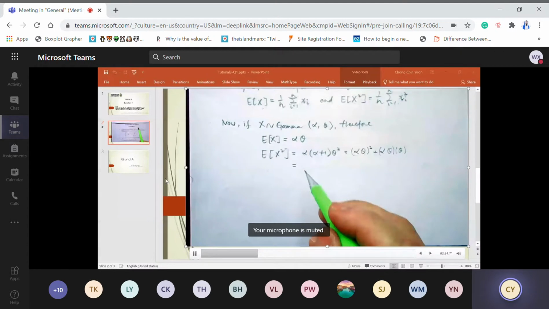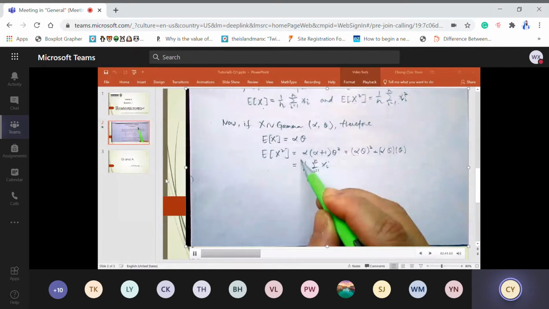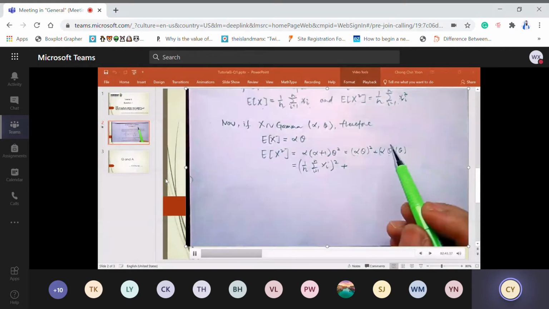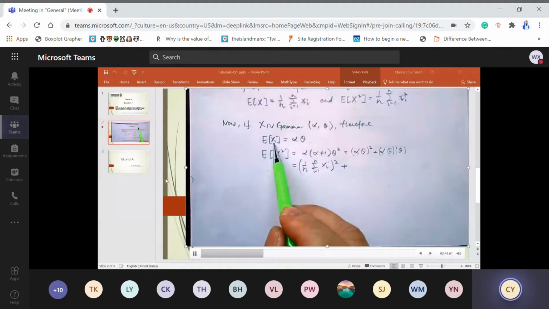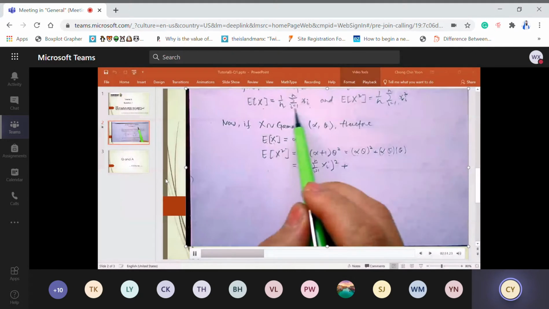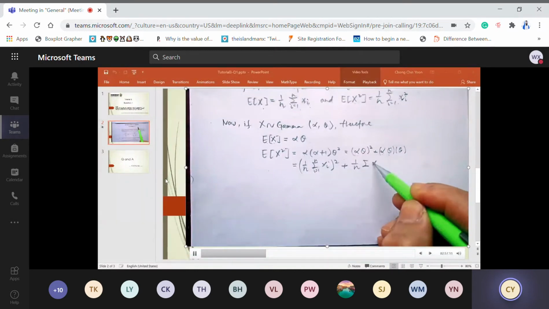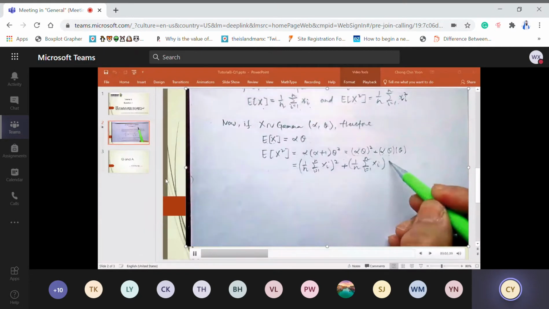So I will have 1 over n multiplied by the summation of xi, where i takes from 1 to n, squared, and plus, again this alpha theta, which is the expected value of x, which equals this. So I will have 1 over n multiplied by the summation of xi, where i takes from 1 to n, multiplied by theta.